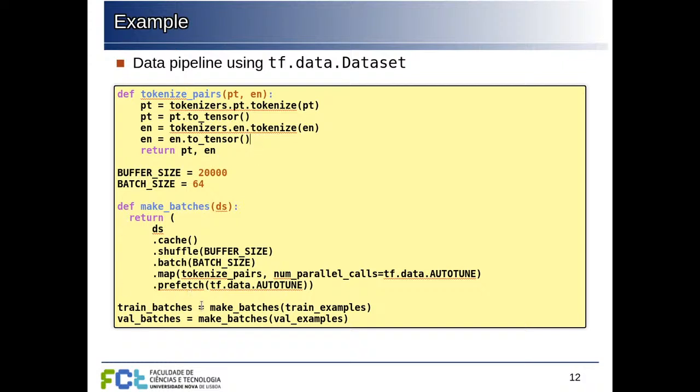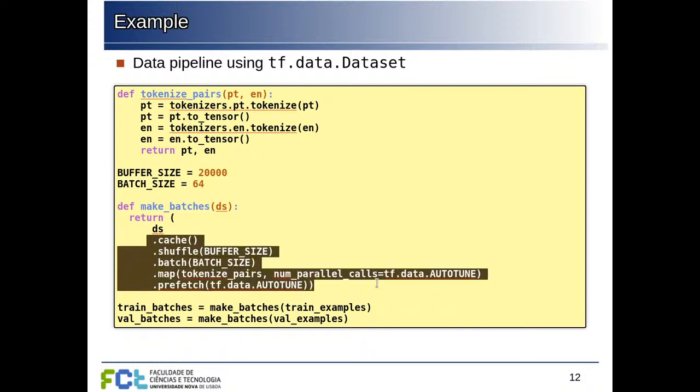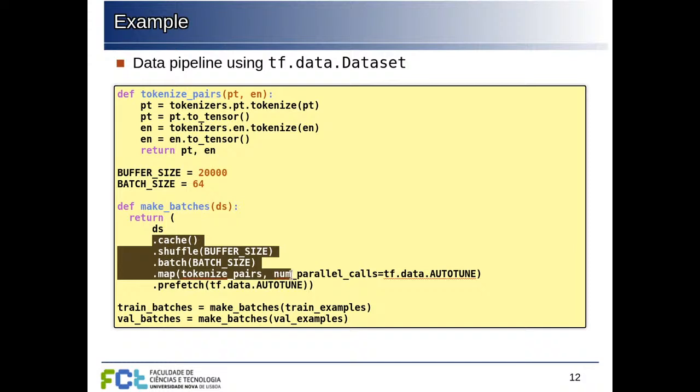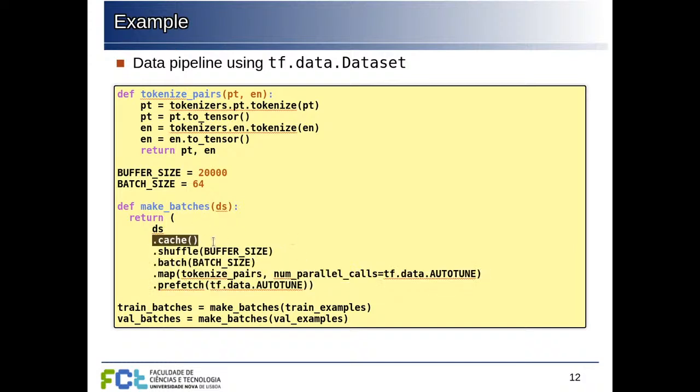And now we're going to create the data set for the examples by chaining these different methods of the dataset class. So these train examples are elements of the dataset class, and here the batches are also these dataset objects. But we are going to chain all of these method calls. So cache without a file name tells TensorFlow to cache everything in memory.